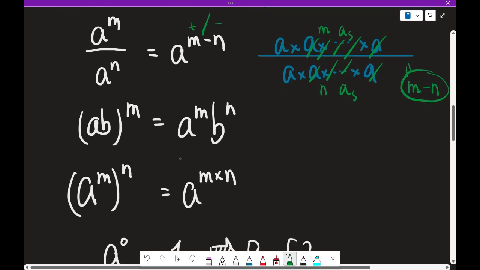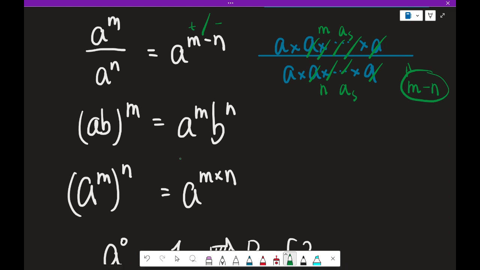Next one, ab bracket to the power of m. We can distribute this m to both variables, which gives us a to the power of m times b to the power of m.